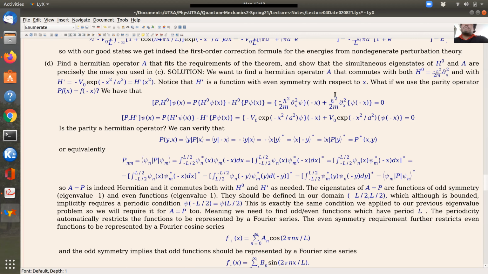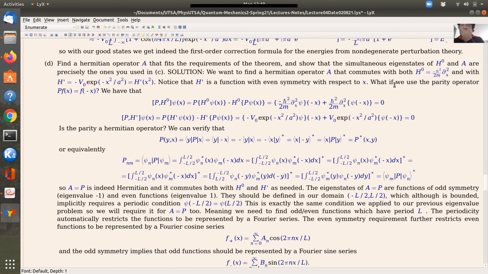Why am I emphasizing this? Because if you just think of these two operators without that property, it might be a little hard to find the operator that commutes. But your intuition will be: this Hamiltonian perturbation has even symmetry, so what if we use the parity operator as the proposed operator for A?